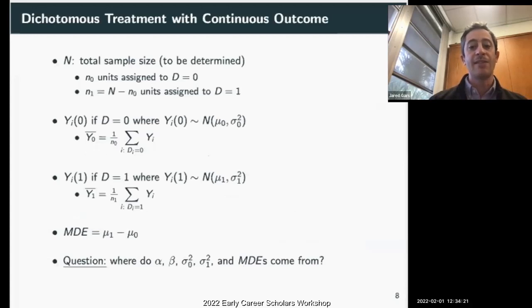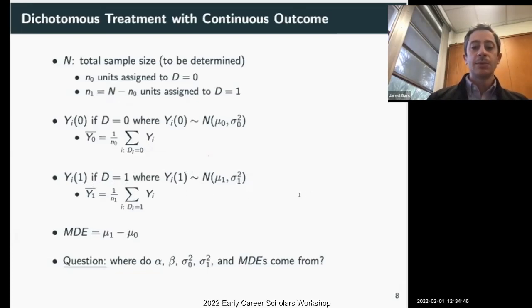Then we're going to have the average of the outcome in the control group with its associated distribution, right? So this is just the sum of all the outcomes in the control group over the number of observations in the control group. Similarly, we're going to have the average of the outcome in the treatment group with its associated distribution. And that's going to be the sum of all those outcomes over the number in that group.